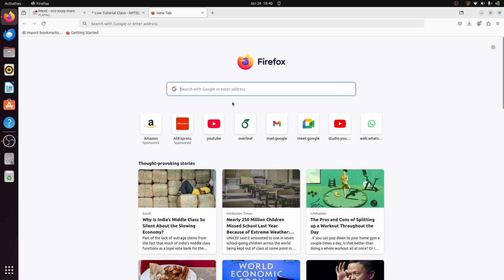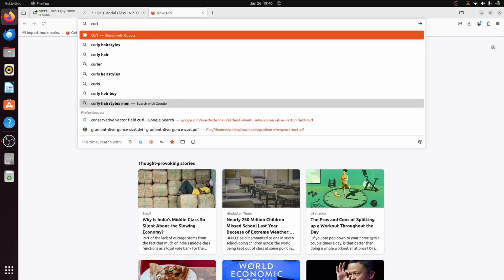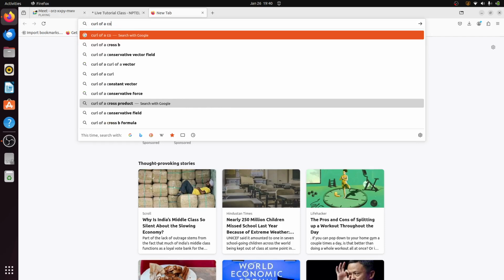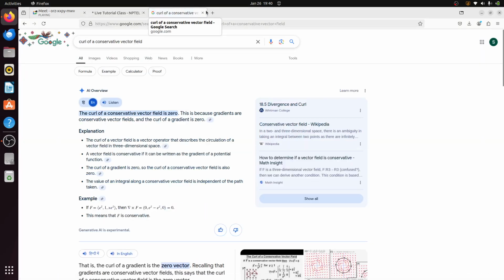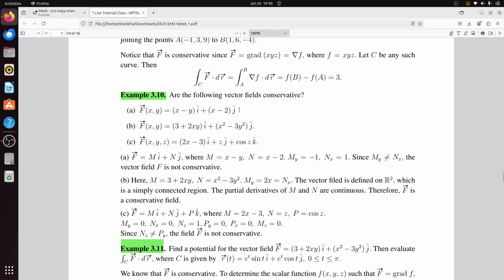Curl of a conservative vector field, you know curl? Yes, sir. Curl of a conservative vector field will always be 0. So just using curl you can also compute it. Okay, that is nice, sir.